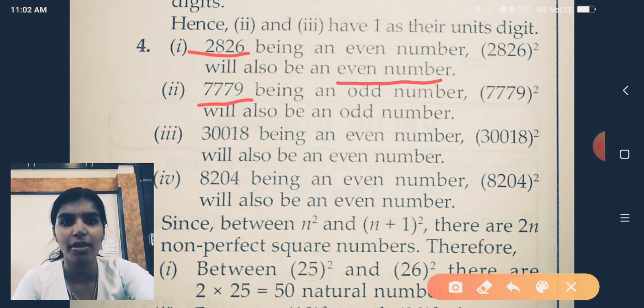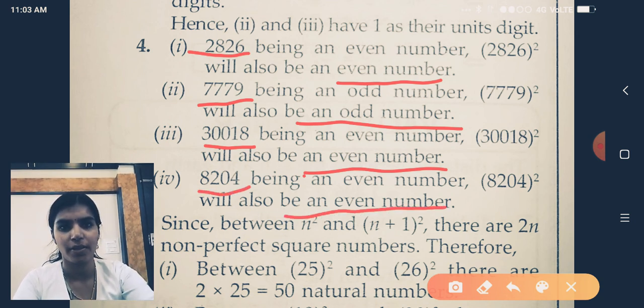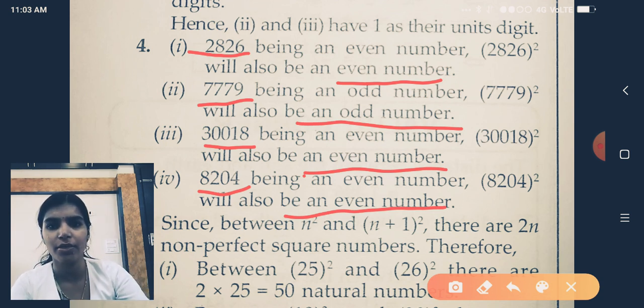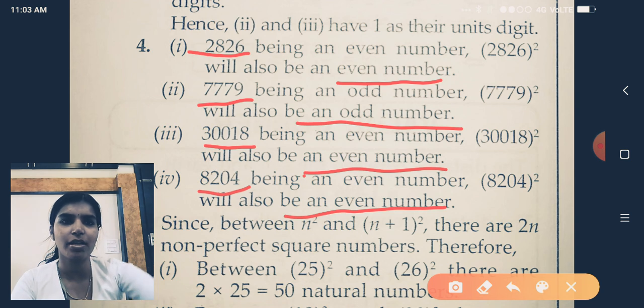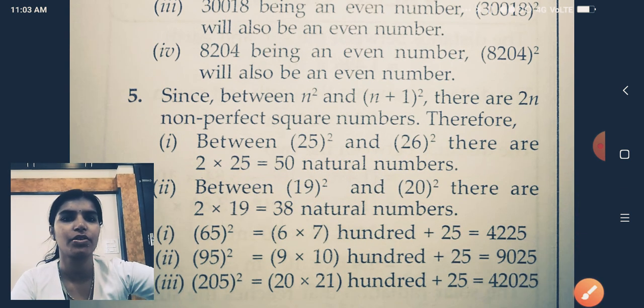The second example is an odd number, so the square is also odd. The third example is even, so the square is even. The fourth example is even, so the square is also even. Then we will see our fifth question.